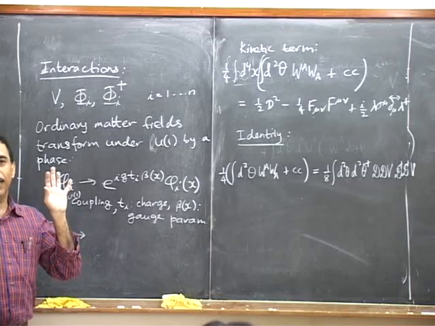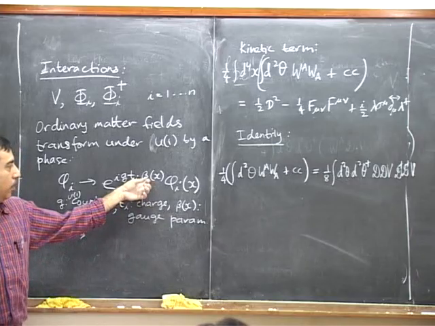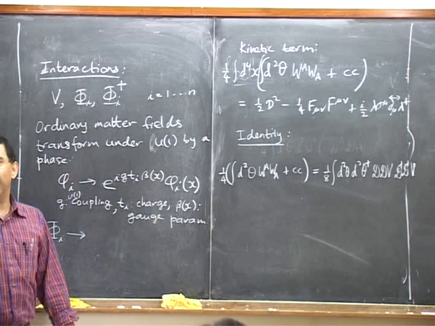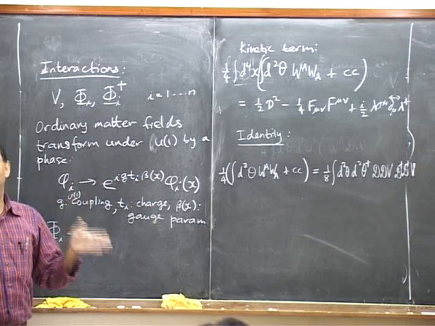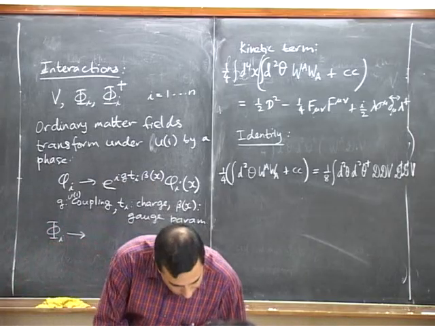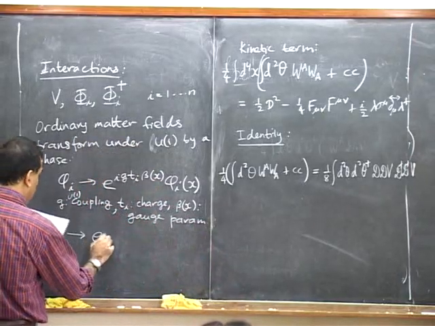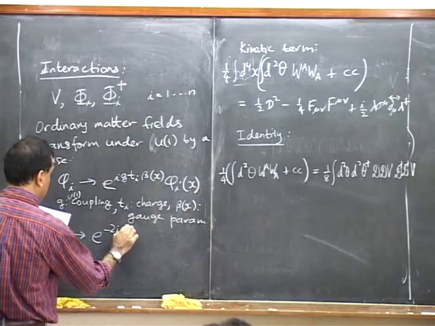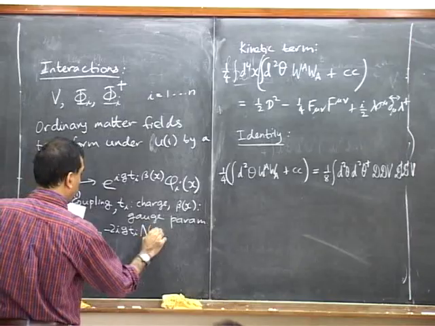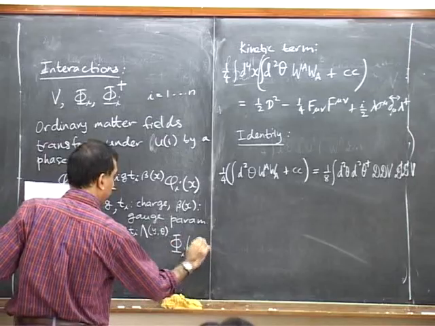In fact, the first component of that lambda is a parameter alpha, which is the gauge parameter, except that it differs from this beta by a factor of -2. You remember that the gauge transformation was -2 del mu of alpha, but we'd like to call it plus del mu of beta in this language. So we just identify the two, and we are immediately led to the statement that phi I goes to e to the -2i g t_i, the superfield lambda of y and theta, times phi I of y and theta.